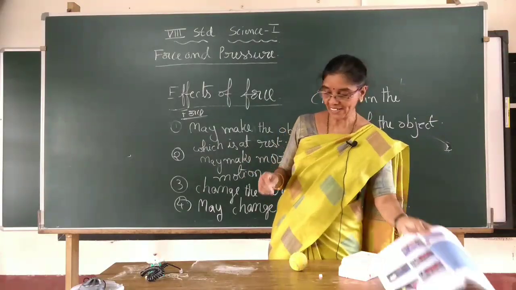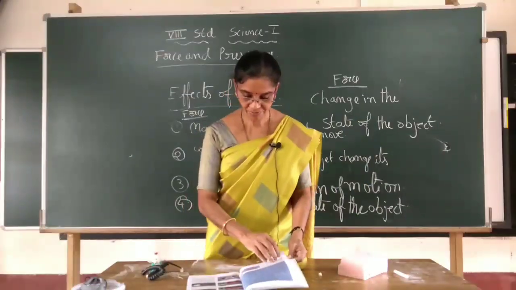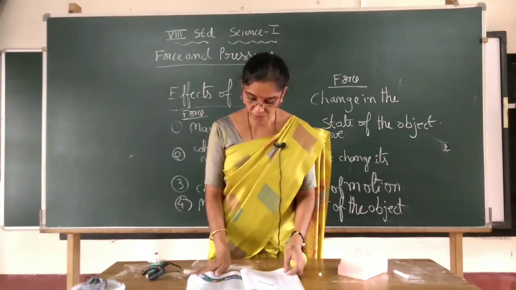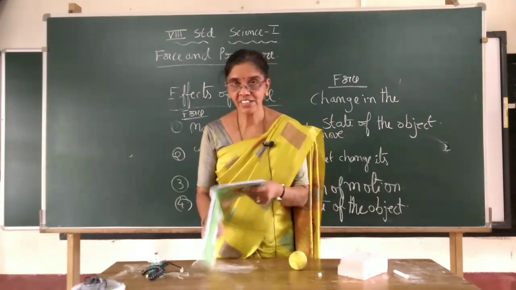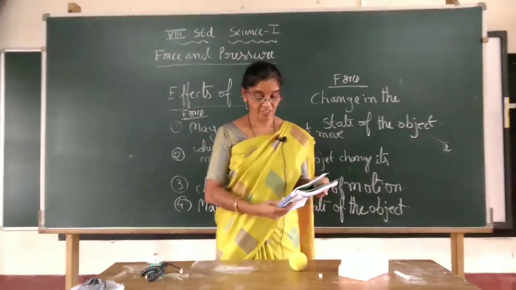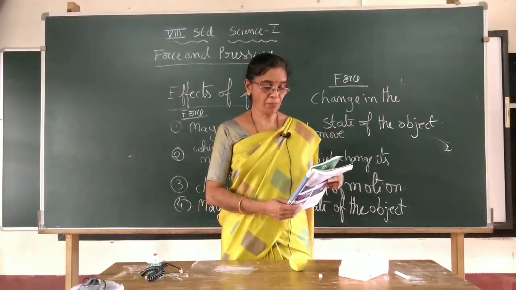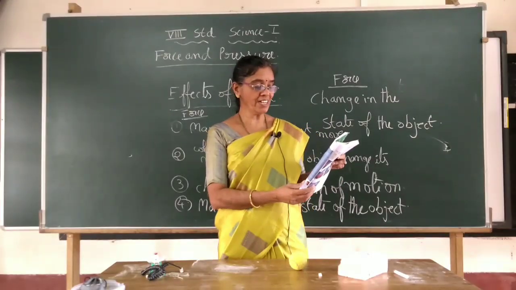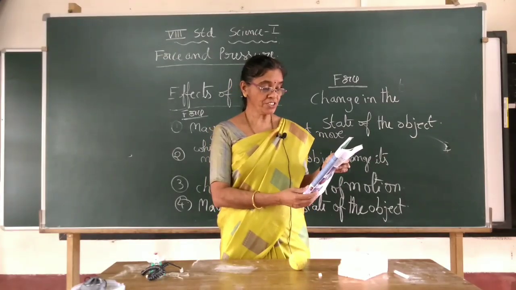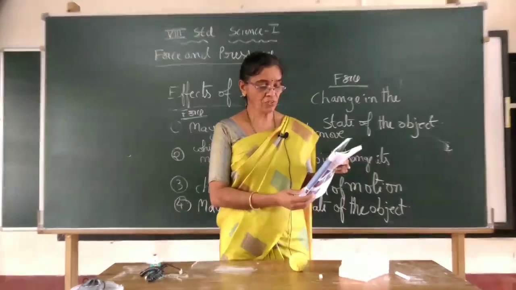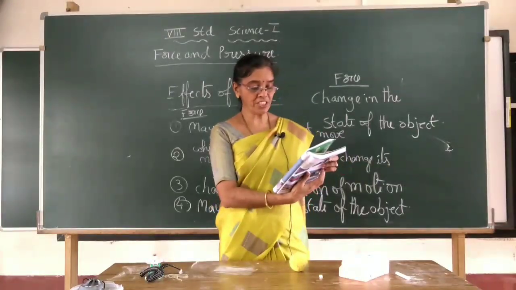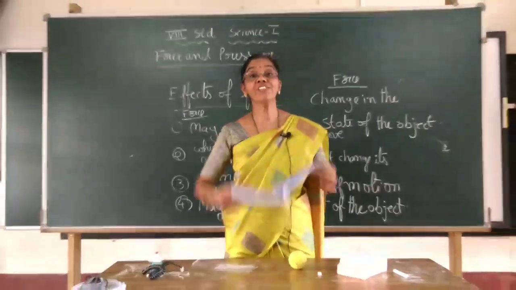Now you have some activities. Open your textbook. At home you have to do page number 78. They have given activity 7.1. There, one example they have given in the column. First one, moving a book placed on a table. You may push it, you may pull it, you may lift it.